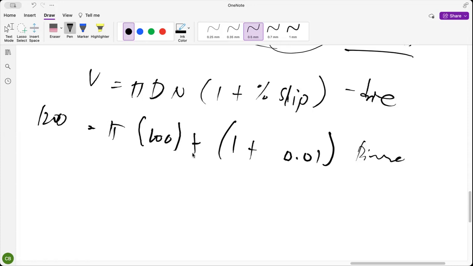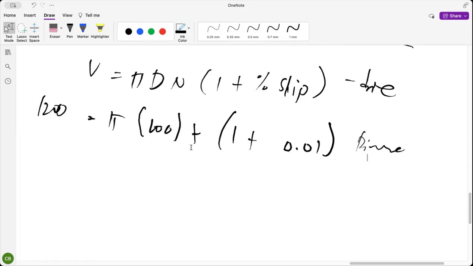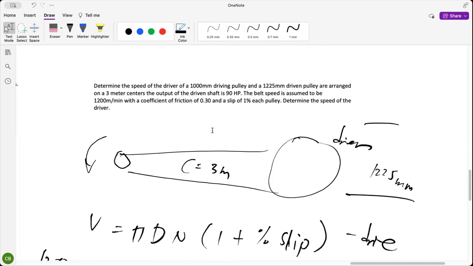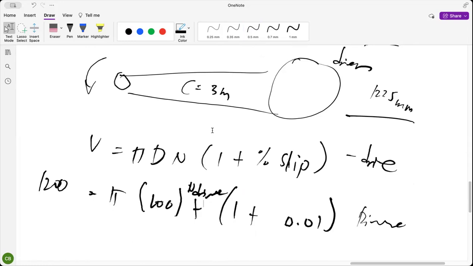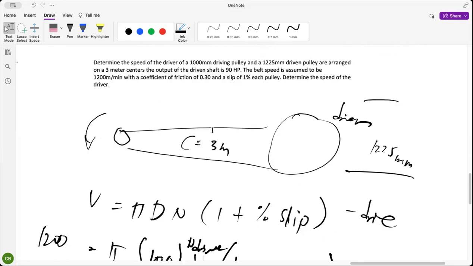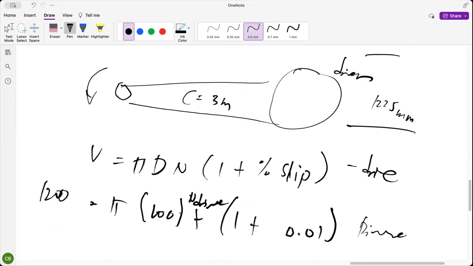So you have the N driver. So you have 1,000 here.